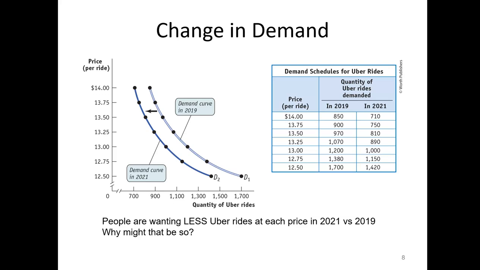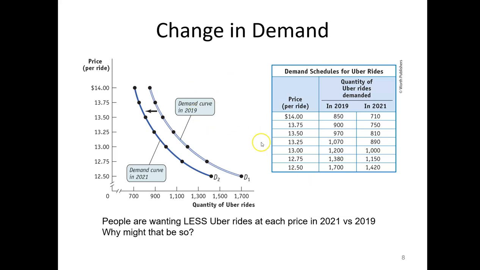Well, as was very true during that period after 2020 to 2021, all kinds of things changed. It was the pandemic, right? Absolutely, people wanted to buy fewer Uber rides at each price in 2021 because nobody wanted to get into a vehicle with anybody in 2021, or at least a lot of people didn't because of COVID.